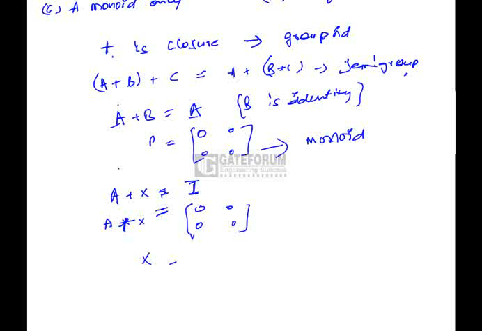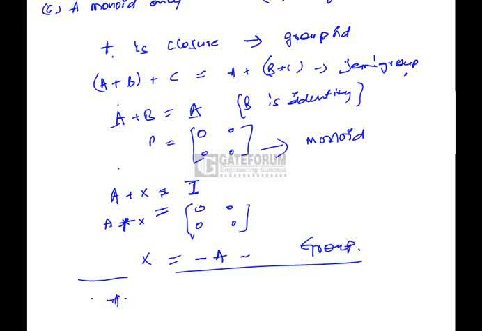So here X is nothing but minus A. So the inverse element exists and it is unique. So a monoid, if an inverse element also exists, then it is a group.